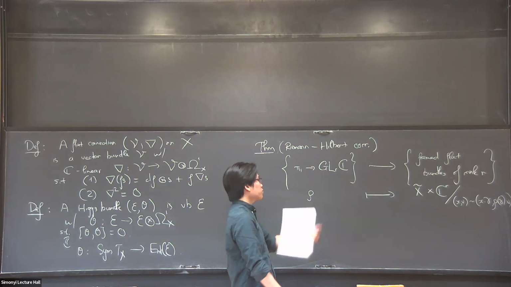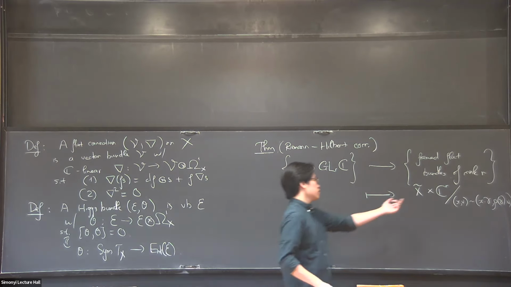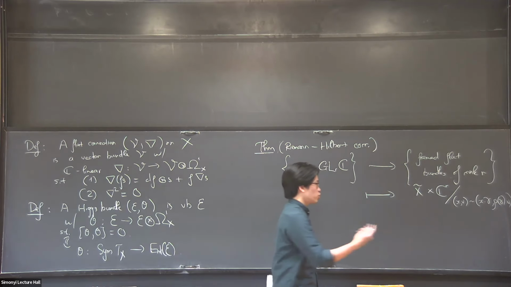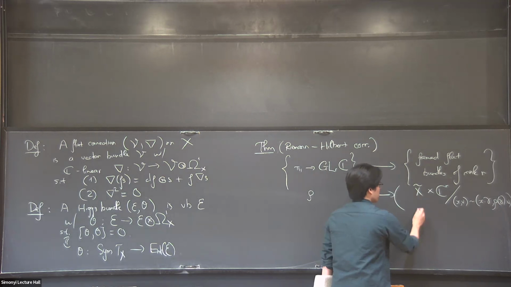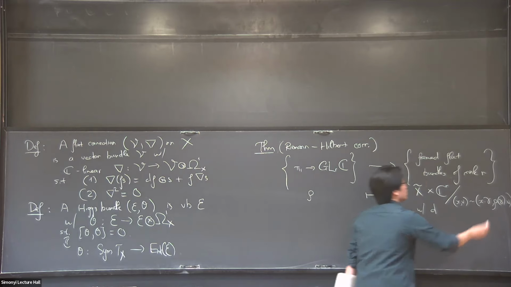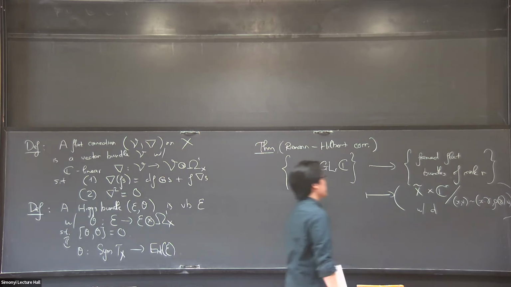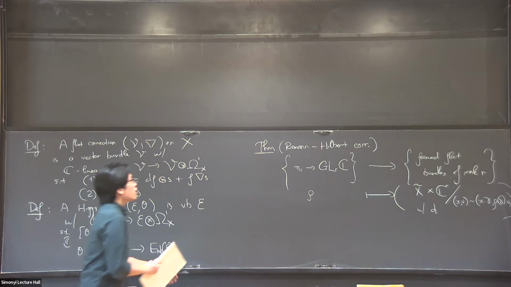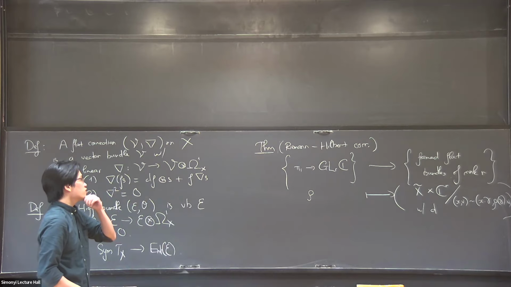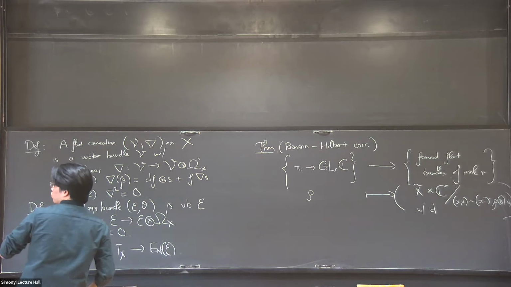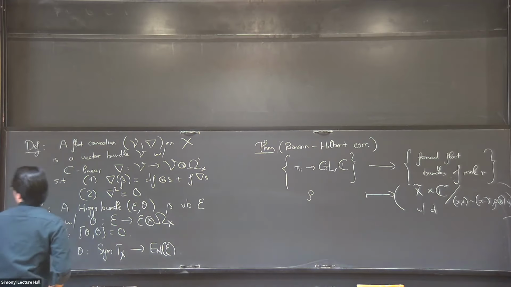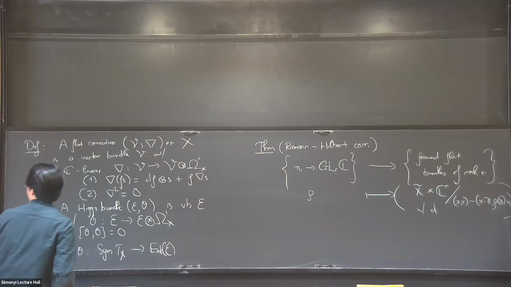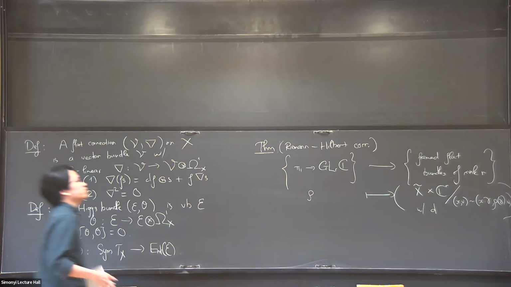And the connection comes from the exterior derivative on this trivial vector bundle. And the nice thing about this Riemann-Hilbert correspondence is that if you restrict it to the polystable flat bundles, it actually gives you a complex analytic isomorphism between the Betti and the de Rham moduli spaces.